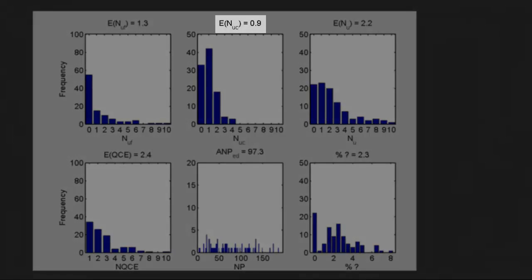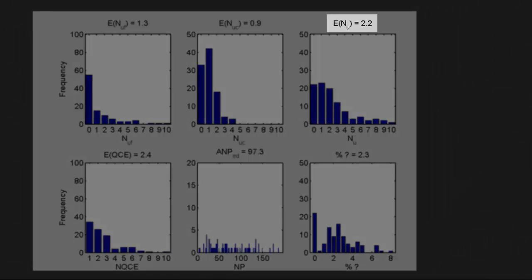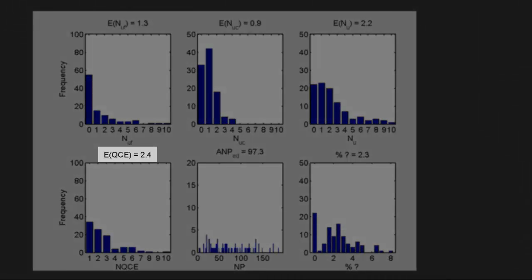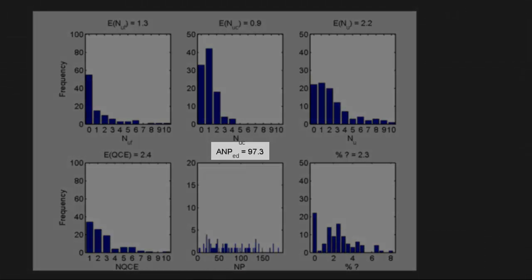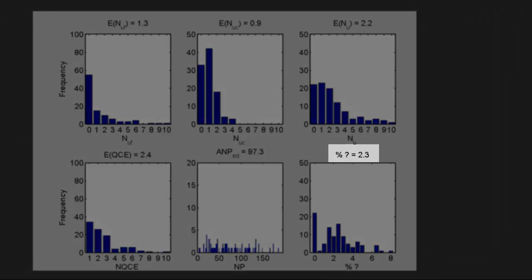The average number of unacceptable results since the last good QC event is 0.9. The total is 2.2. The average number of QC events to detect the shift is 2.4. The average number of patients that were affected was almost 100. The percentage of the affected patients that were incorrect was 2.3%.